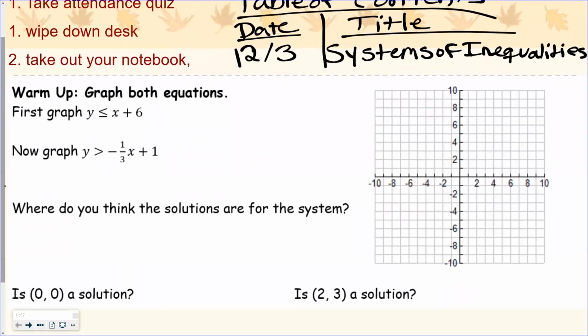So for instance, this first equation, we have y is less than or equal to x plus 6. My slope is 1. My y-intercept is 6. Let's go ahead and graph that.